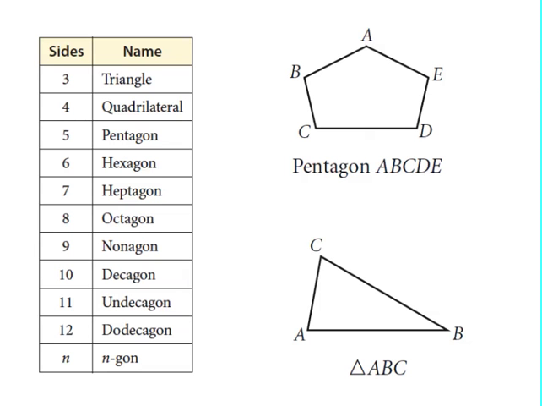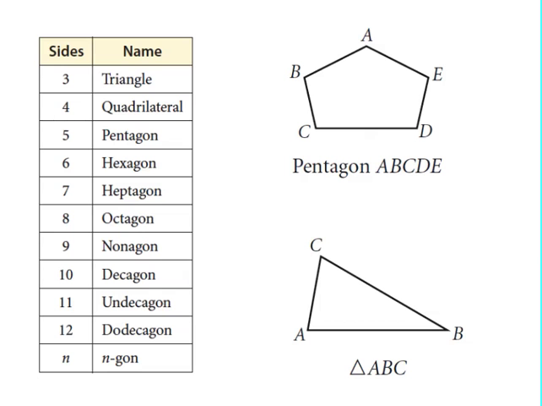Decagon is 10, so then you have the men's decathlon, which is 10 events at the Olympics. 11 is the undecagon, and 12 is a dodecagon. Anything above that, we call an n-gon. If it were a 20-sided figure, we would call that a 20-gon. A 50-sided figure, a 50-gon. So basically the number indicates how many sides it has.